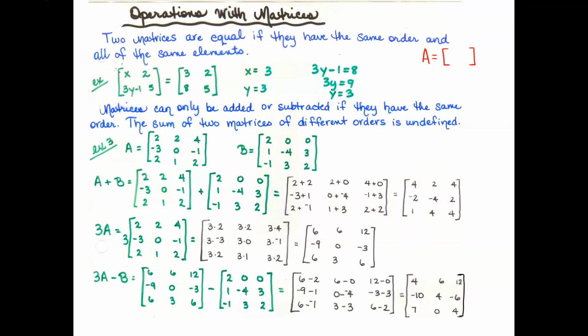Then I'm going to do the same thing, first row, second column: 2 plus 0 gives me my answer of 2. And we could keep right on going. 4 plus 0 is equal to 4, and that finishes off that first row.